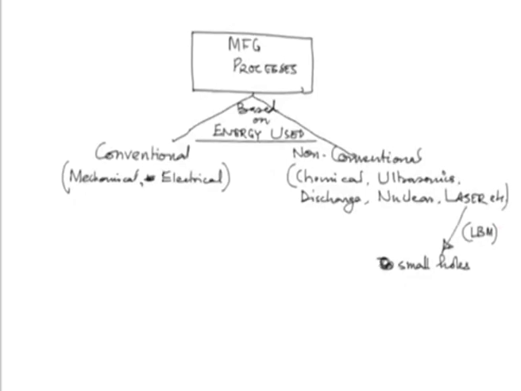So, this falls under the category of a not very conventional mode of energy. This requires a special device. We use electrical energy, no doubt, for these processes, but not as it is. We use electrical energy to produce laser, and this laser is directly used now for material processing.